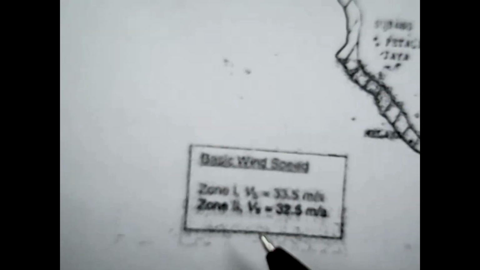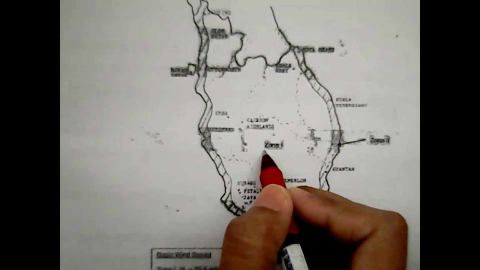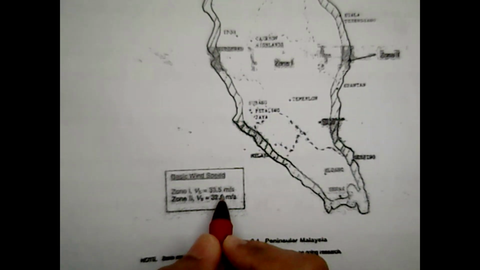It says that for basic wind speed they have different zones. If you have zone 1, VS is 33.5. If you have zone 2, VS is equivalent to 32.5. In this particular case, your Ipoh area is located at zone 1. So when it is at zone 1, the value is 33.5.